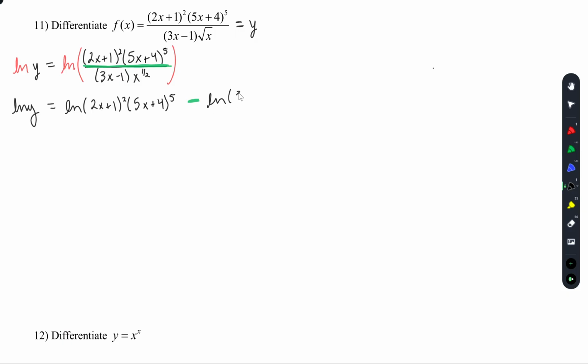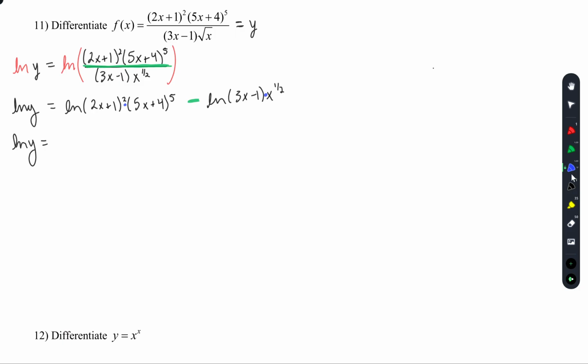Remember all this stuff? One of your log rules: you can break up logarithms by subtraction when you're dividing. Now I'm going to break up the multiplication. Notice I keep bringing down that natural log y. We couldn't do a problem like this before because we didn't know what implicit differentiation was, aka sneaky chain. So stay tuned.